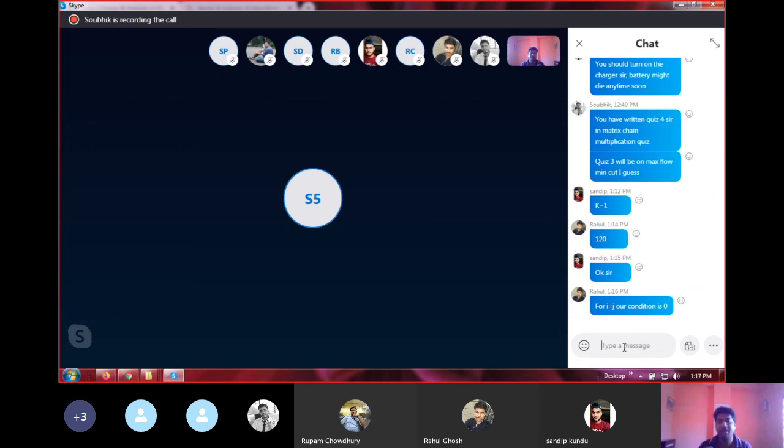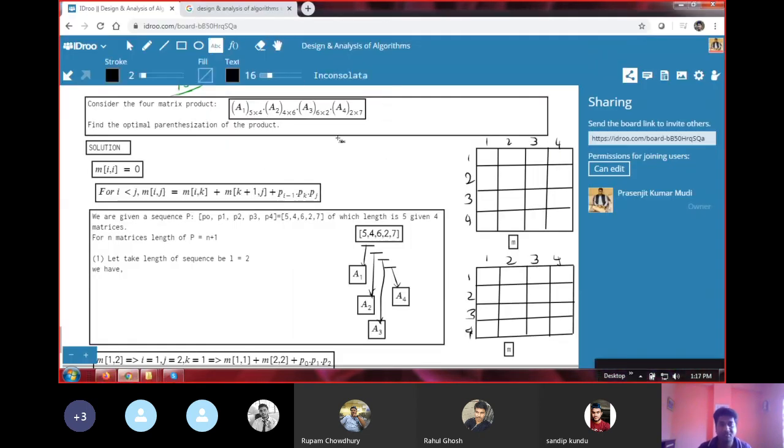Okay, so Mii means what is the parenthesization? Mii corresponds to a parenthesization of a matrix Ai. It's the i to i product. Ai matrix is being multiplied with Ai matrix, right?